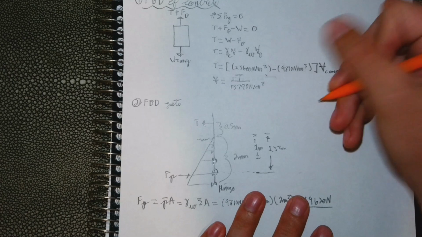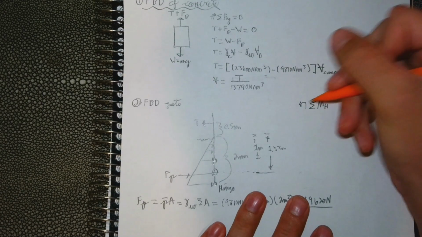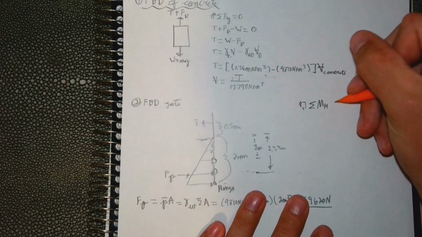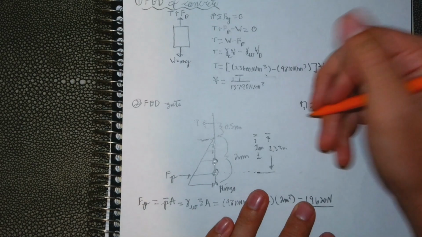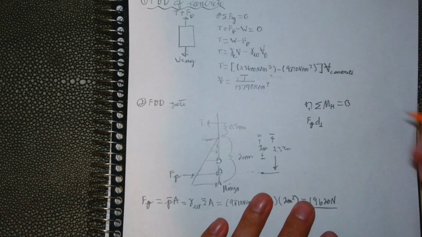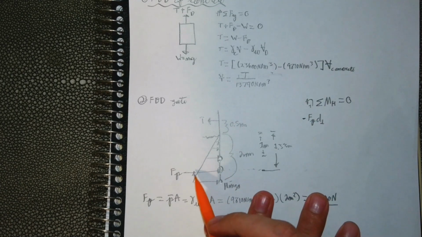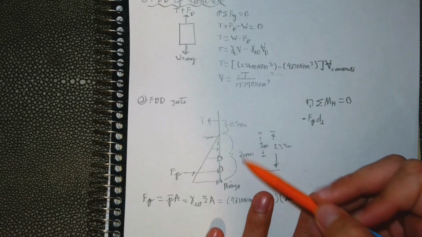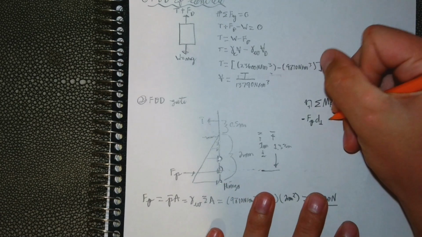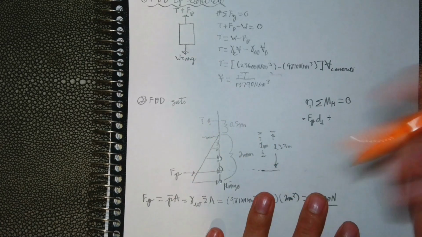Okay, so now we can take this moment. So let's take a moment about this hinge. Counterclockwise is positive. That equals 0. So take the moment. We need the pressure force times perpendicular distance to find that moment, and this will be negative because if you take this force and push the hinge, it'll be going clockwise, and then tension pulling it will be going counterclockwise.